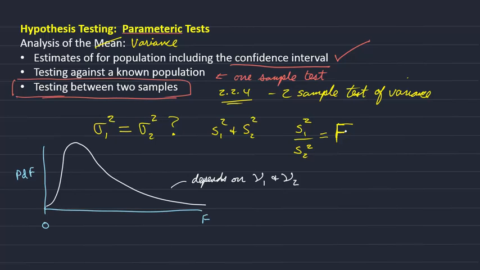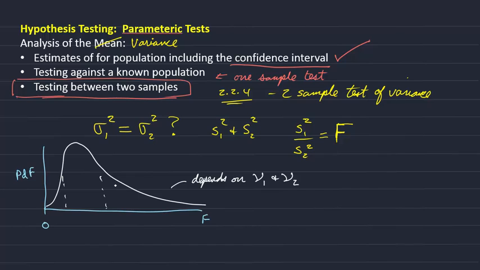If F is within this probable range, then the populations sampled have the same variance. F actually describes the ratio of two samples having the same variance. So if it's in the probable range, then the two sampled populations are likely to have the same variance.